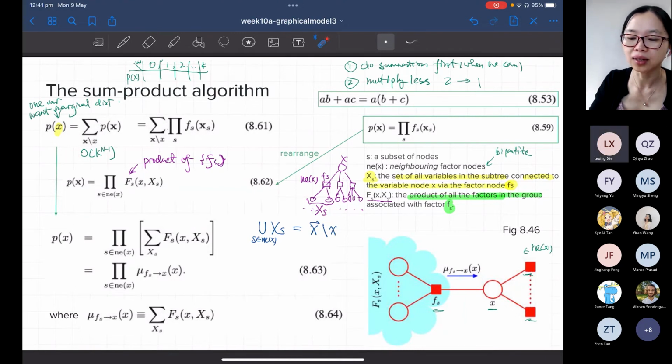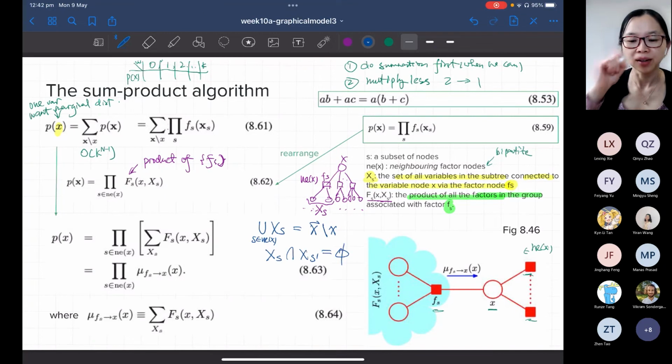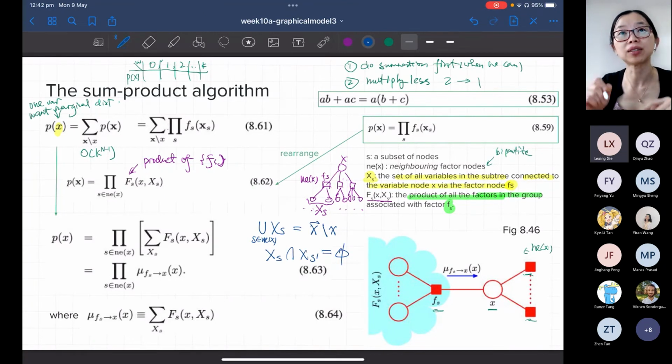Also, because the way the factor graph is organized, it's a tree, so the intersection between one set of downstream variable nodes with another set of downstream variable nodes is empty. Therefore, we can move the summation sign inside and just sum over each of these big F's.